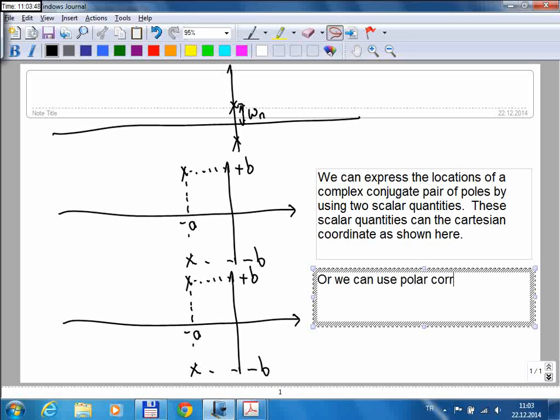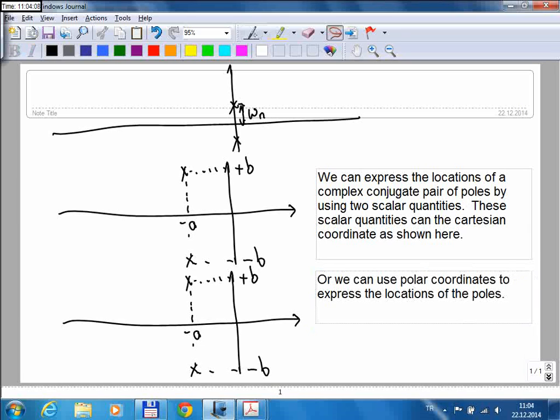Or we can use polar coordinates. As you know, in polar coordinates we specify the distance with respect to the origin and the angle it makes with a reference axis. So this is our origin. In the polar coordinate case, we represent this length, which we call omega n, and we use this angle theta.